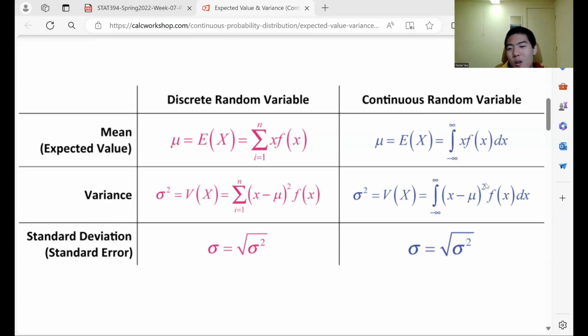So we just apply the transformation formula to get the integral of g(x) times f(x) dx, from negative infinity to infinity. So this one is also solved. This is the typical formula we use for computing variance in the continuous version, and standard deviation is the same.